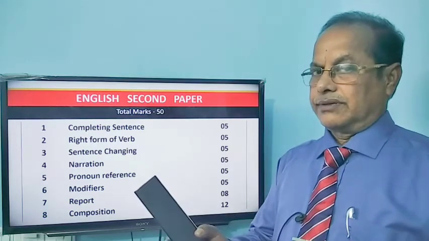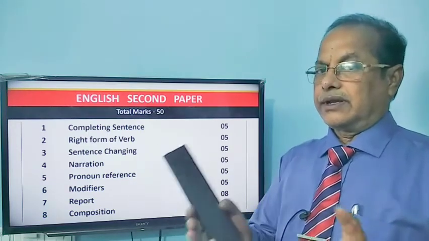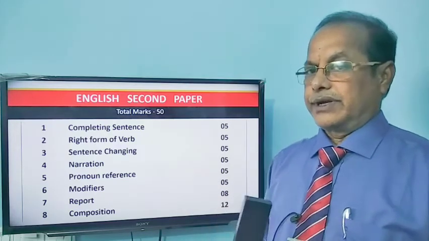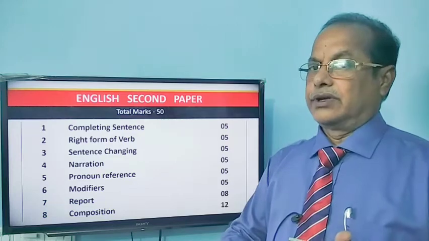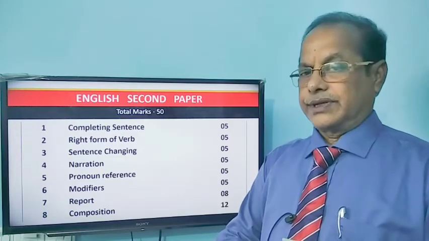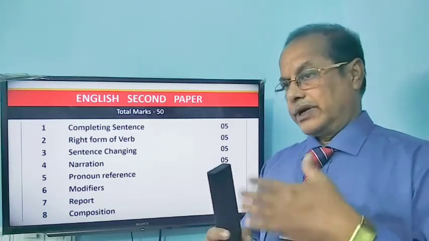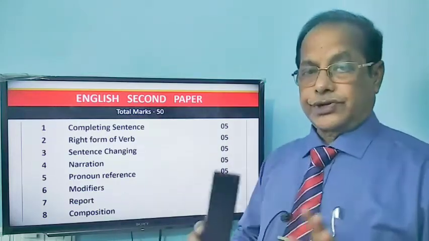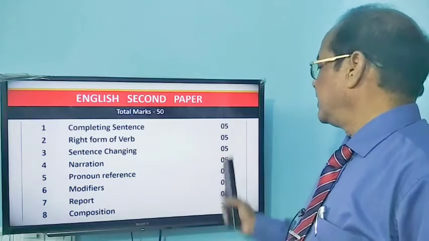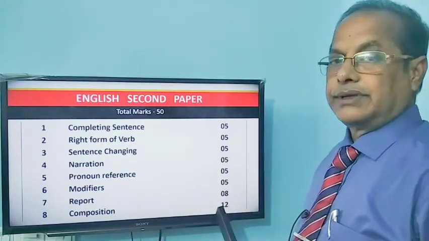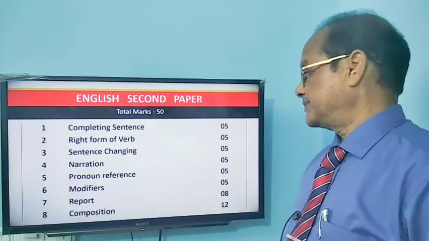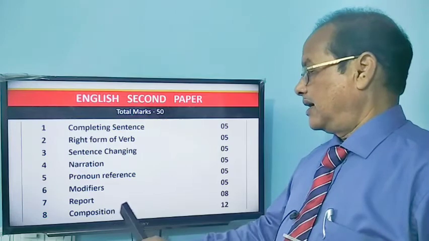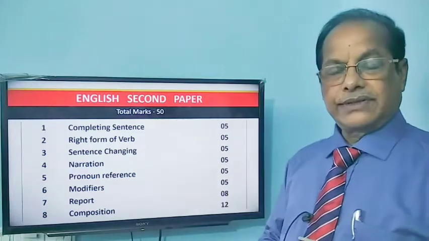Suppose you are a journalist and in the voice of a journalist you are reporting an event. This is called report writing. Like a journalist, you are writing about an event which has happened recently in your locality, and you are writing to the newspaper to be published. This is report writing. And composition, that is short composition, will be at number 12, and in sum that will be 50. So we got the syllabus of the second paper. First paper 50 plus 50 means 100.